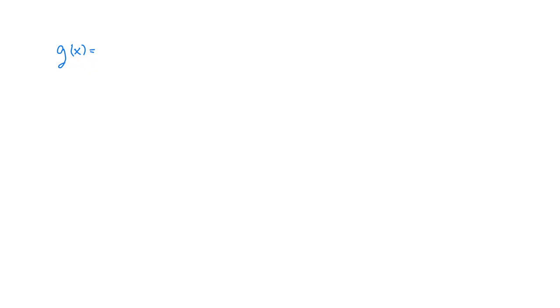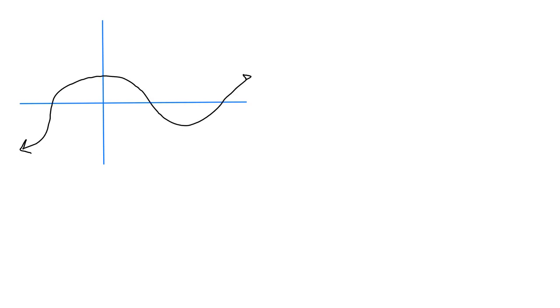It says, for what value of x is g of x equal to 2? Let me try to recreate that picture a little bit so I can explain it to you. This is not the exact picture from your quiz, but it will be good enough to show what is happening. Let's say we have a graph, and what exactly the graph looks like doesn't matter that much.